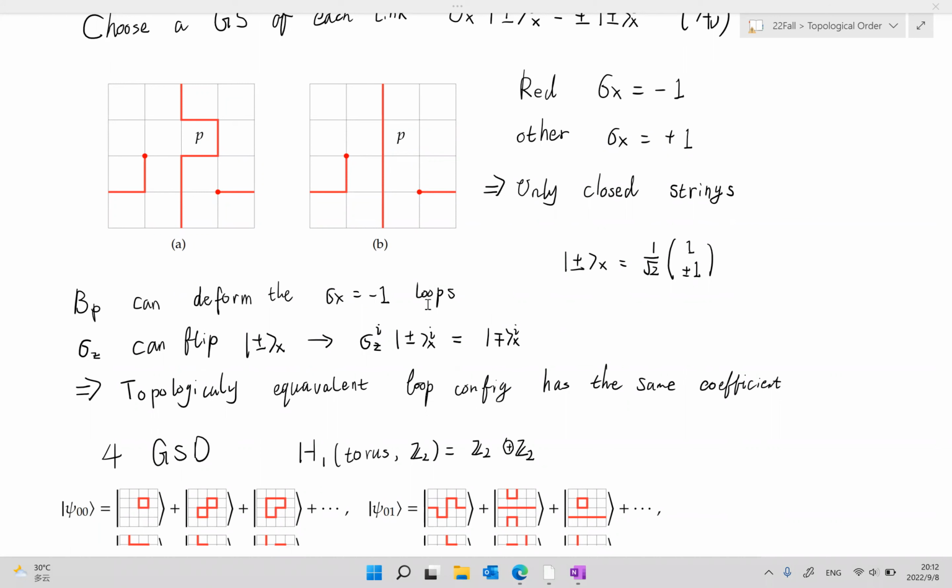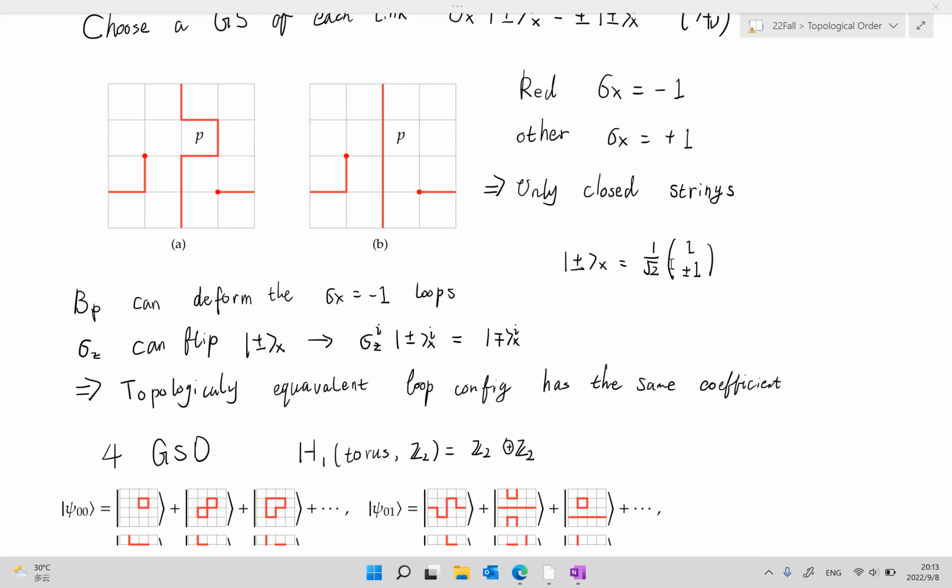If you forgot about this, you can write the sigma x eigenstates as (1, 1) and (1, -1), multiply by sigma z, and you'll find that it actually flips them.